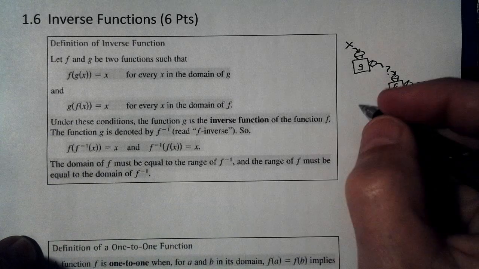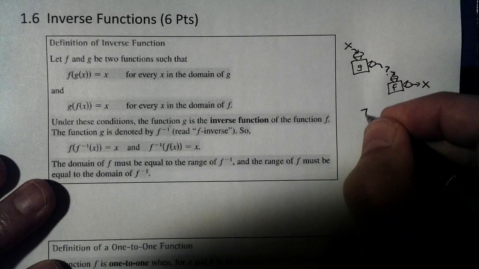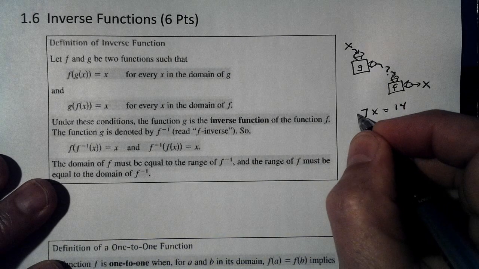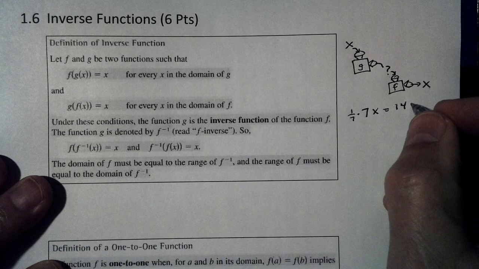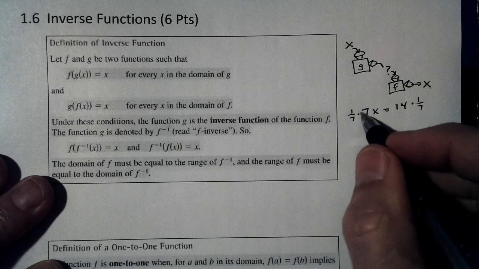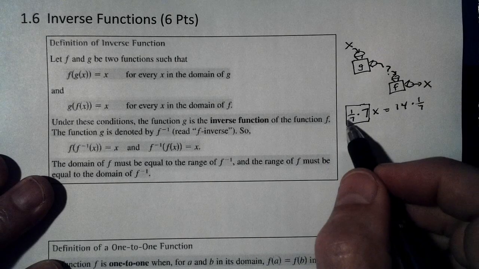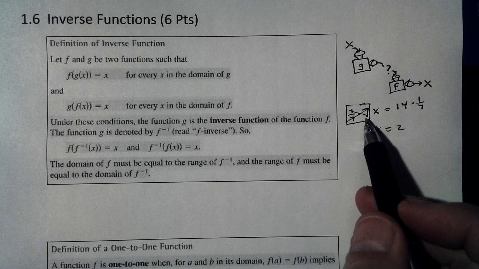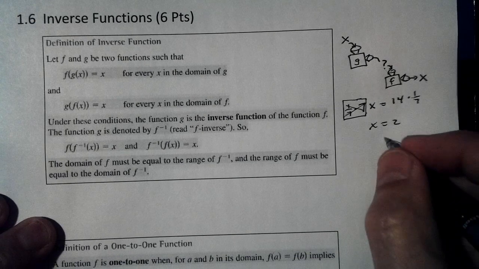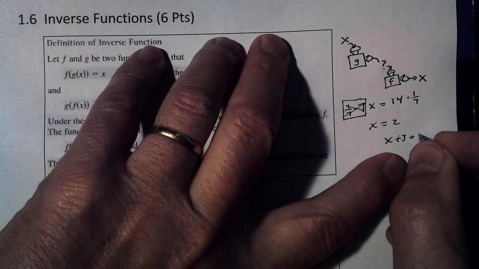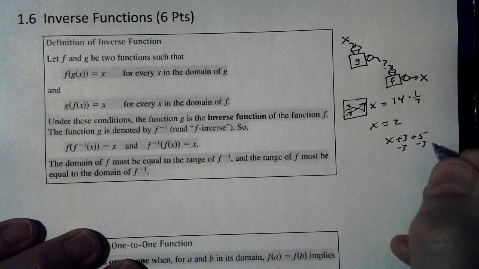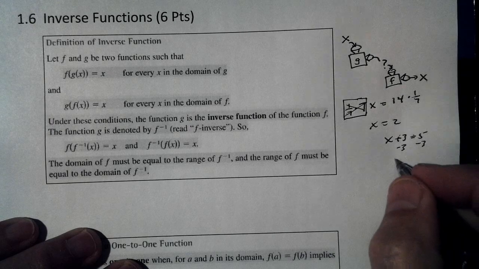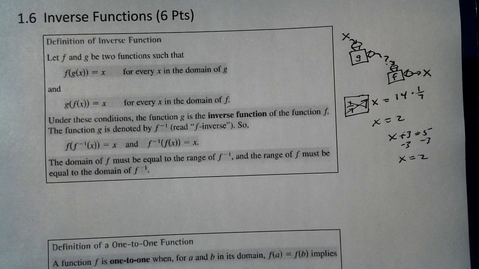Much like if I've got 7x equals 14, we could divide both sides by 7 or multiply both sides by 1/7, because 1/7 undoes the 7, and we get x equals 2. 1/7 and 7 are multiplicative inverses. x plus 3 equals 5: we subtract 3 because 3 and negative 3 are additive inverses. So that's what's happening with these.